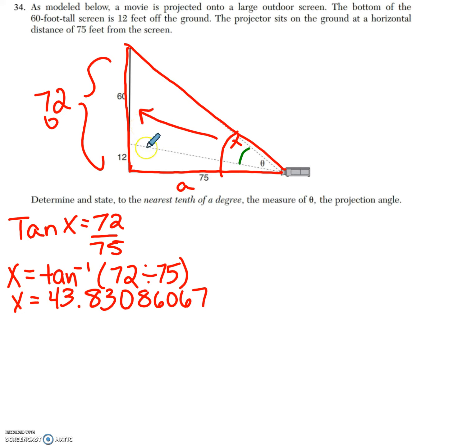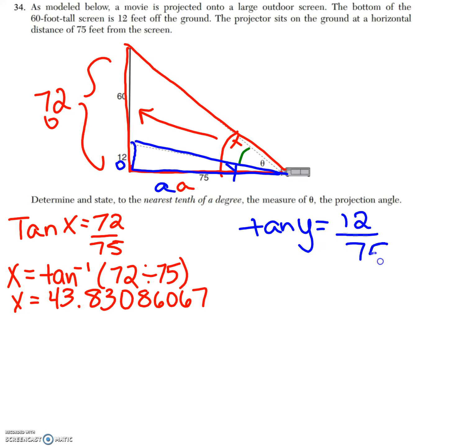Okay, the next thing that I want to do is try to find another right triangle that will help me figure out that angle. So I'm going to look at this little triangle right here and call that baby angle Y. So then I'll have an opposite and an adjacent still. So the tangent of Y is equal to opposite, which is 12, over adjacent, which is 75. And I'm going to do the same exact thing. Tan inverse of 12 divided by 75.